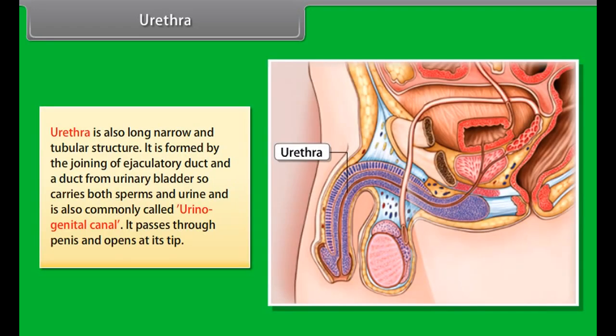Urethra. Urethra is also a long, narrow and tubular structure. It is formed by the joining of ejaculatory duct and a duct from urinary bladder, so it carries both sperms and urine, and is also commonly called urinogenital canal. It passes through the penis and opens at its tip.